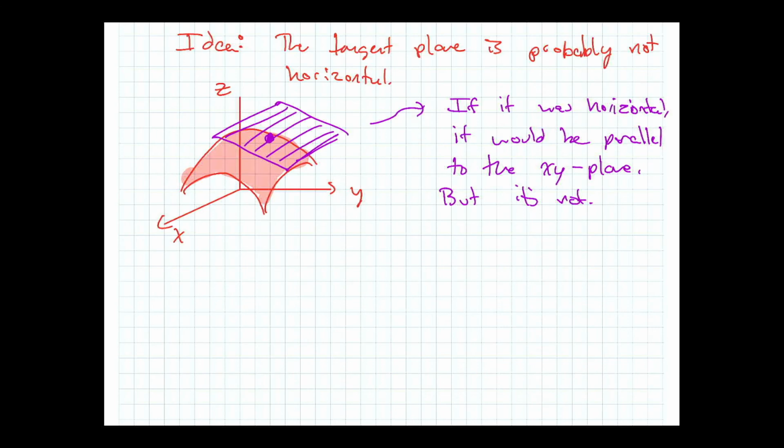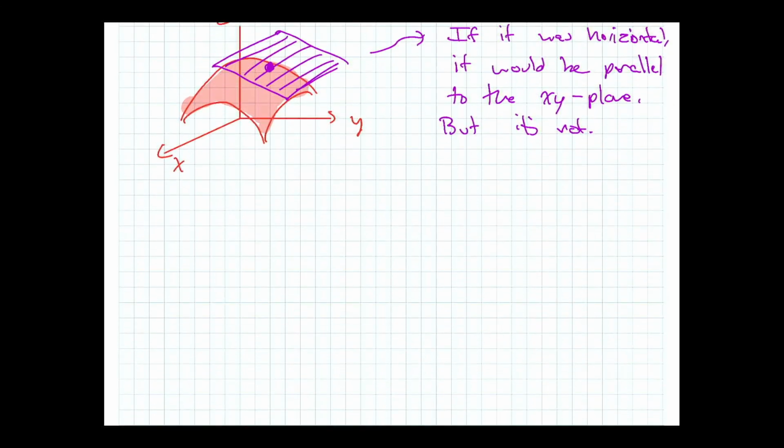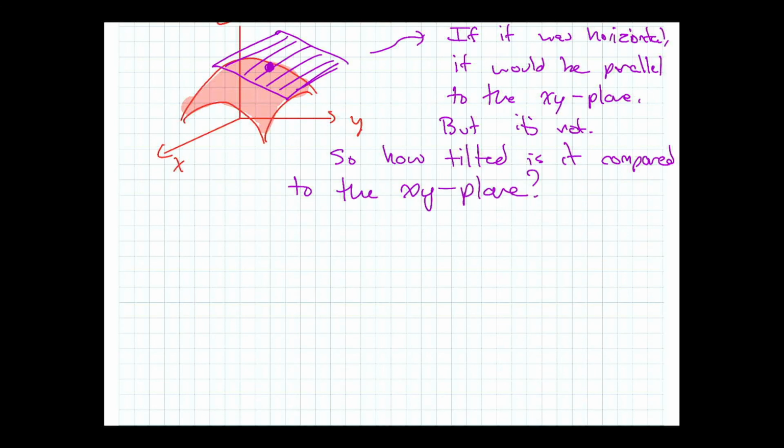Okay. And what we want to do is measure how far off of being horizontal it is. So how tilted is it compared to the XY plane? That's the angle of inclination.